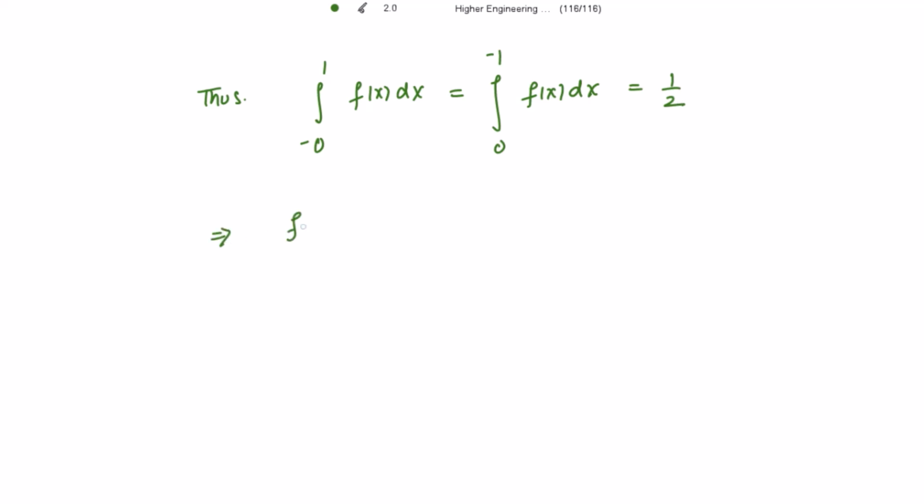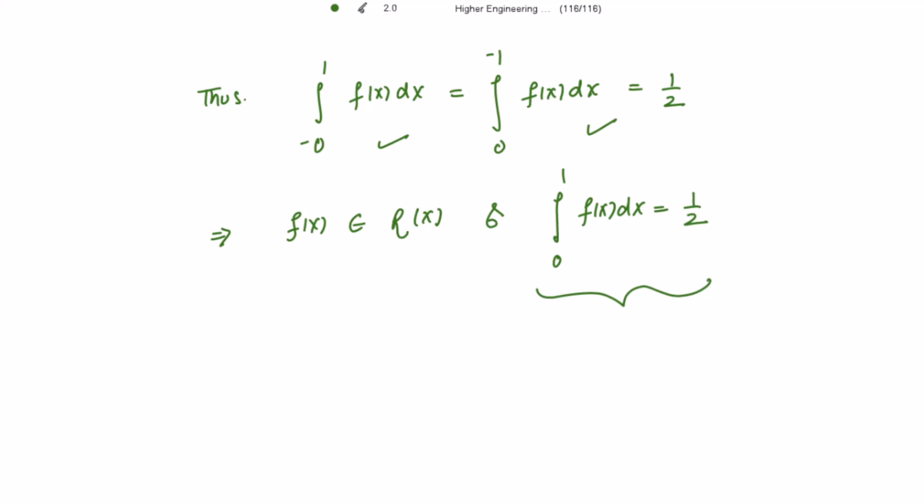So this implies f(x) is Riemann integrable. And because f is also bounded, according to the result we recalled in the very start of the solution, the integration from 0 to 1 of f(x) dx is equal to these lower and upper Riemann integrals, that is 1 by 2. So we have shown this, and here ends the solution. Okay, thank you, stay blessed.